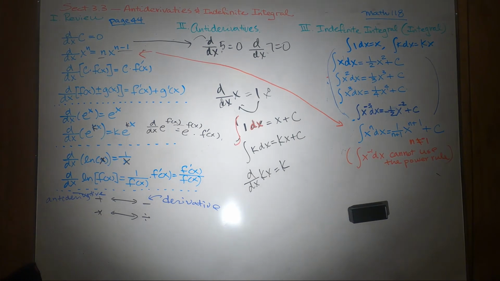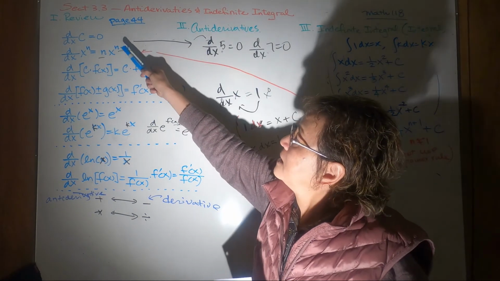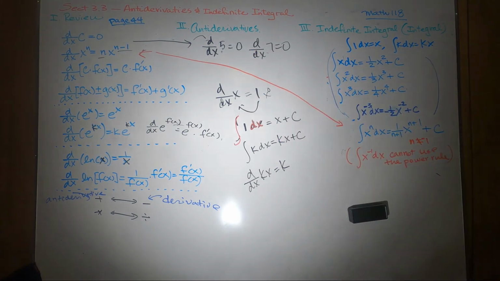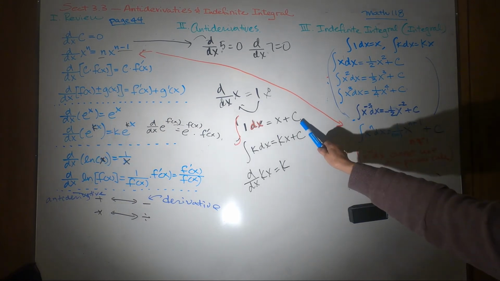We call this the constant rule. It's different from the derivative, where a constant becomes 0. If you integrate 0, that would be your constant.